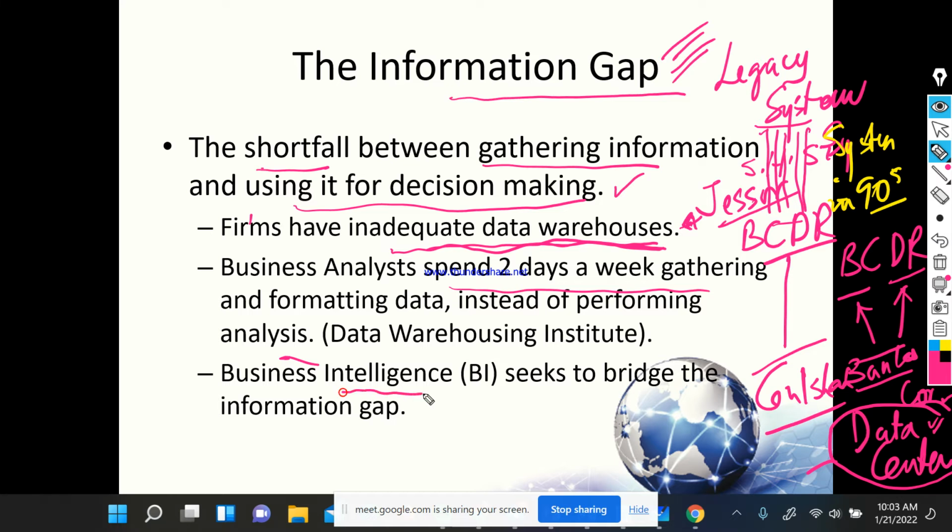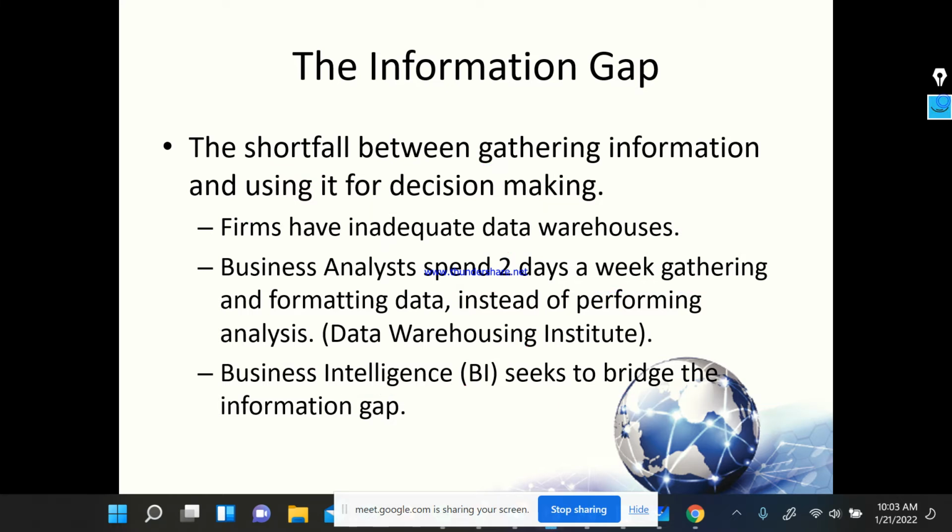Then business intelligence seeks to bridge the information gap, the gap between what you are gathering and what is needed for decision making. Let us proceed to further discussion from here.